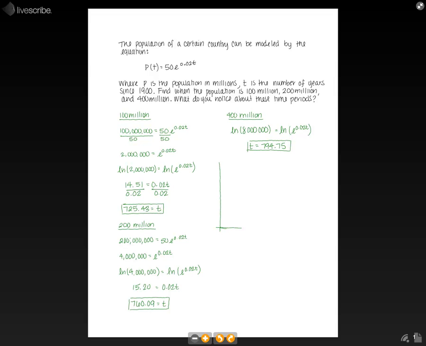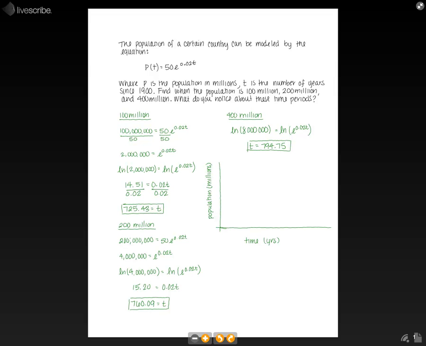On the x-axis, we're going to have time in years. And on the y-axis, we're going to have population in millions.